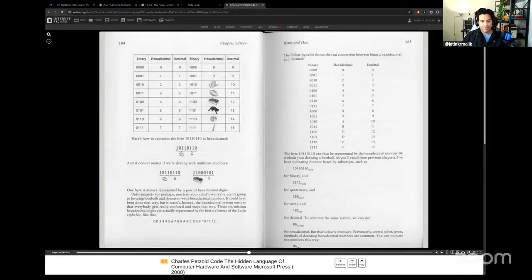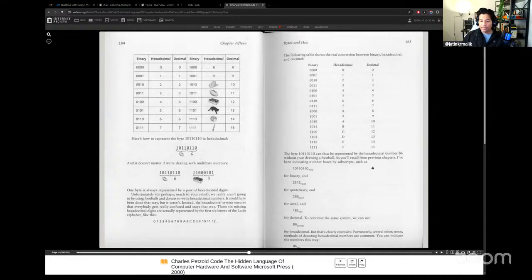So 0 to 9, and then it goes from A to F, and then it goes back to 10. And now it shows the real conversion between binary, hexadecimal, and decimal, which I think is what everyone has mostly learned here. So the byte 1011 0110 can thus be represented by the hexadecimal number B6 without you drawing a football.